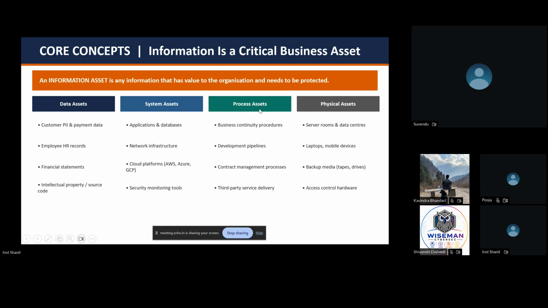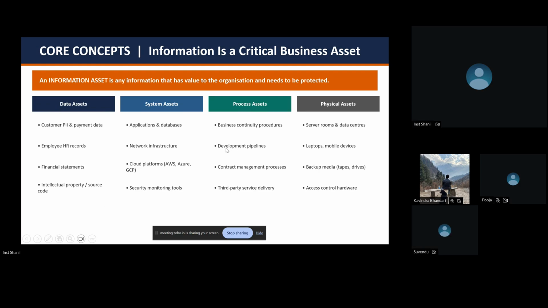Process assets constitute business continuity procedures and development pipelines. Development pipelines means CI pipelines, continuous integration or continuous development pipelines, through which we push code into the production environment. I think Pooja would be more familiar with these terms as she's into VAPT.